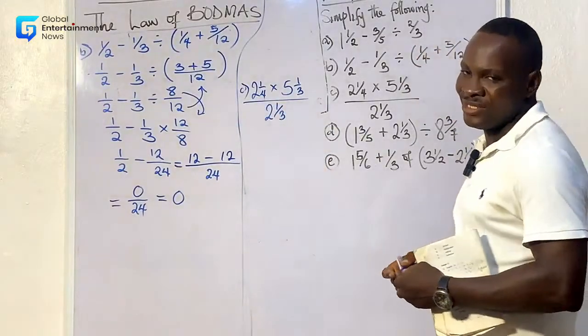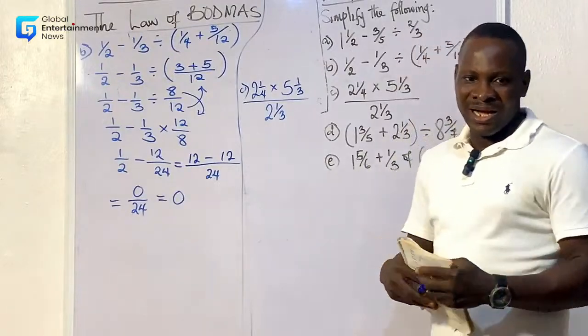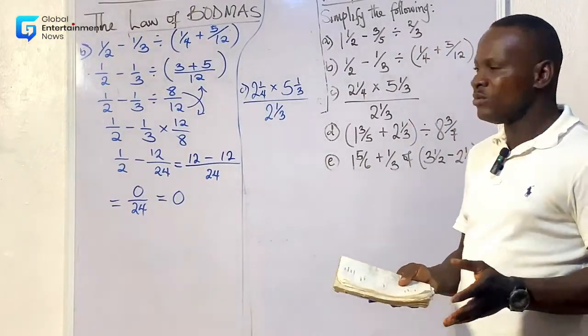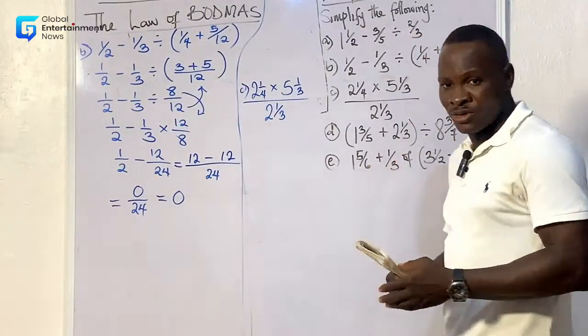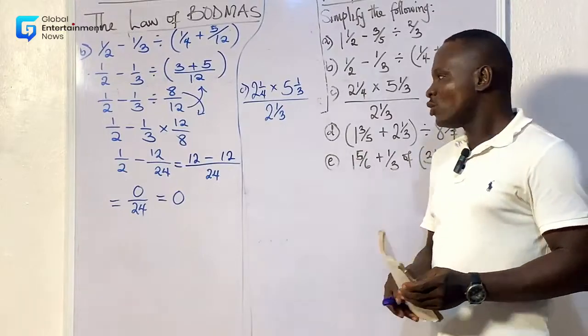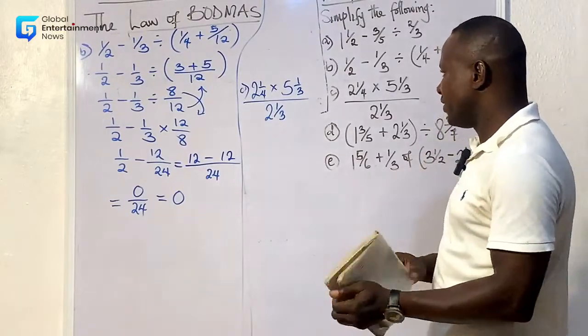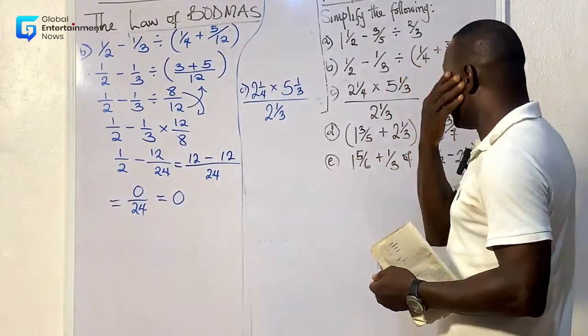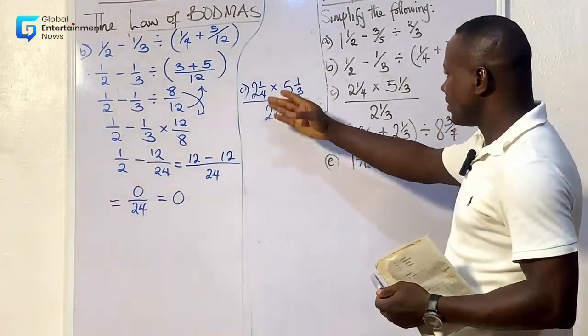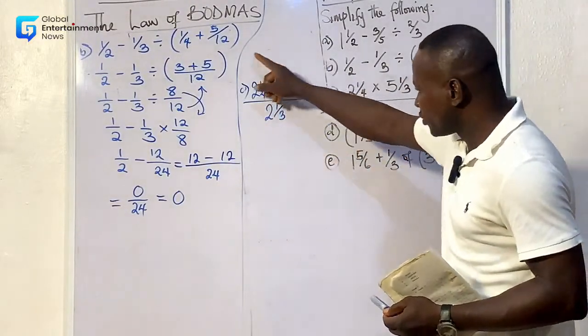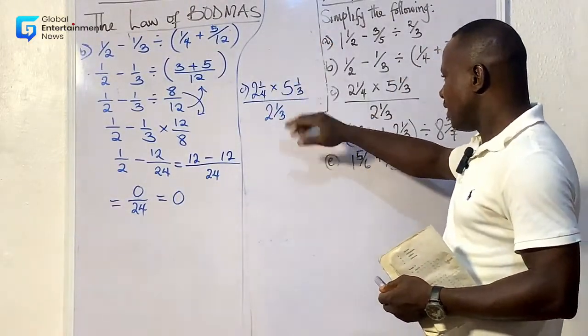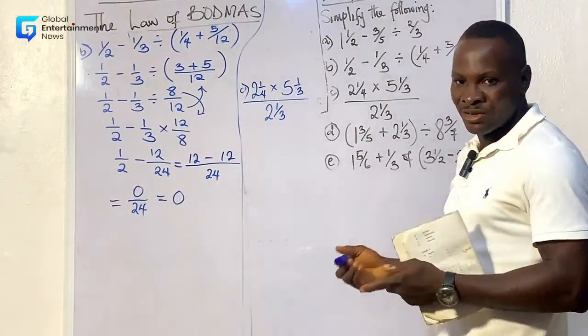So if you look at this question very well, if you are not careful, you can miss this question. So you have to be patient and think very well. So what are we going to do? Do you know the reason? Because we have a denominator at the numerator part here. We also have a denominator at the denominator side here.